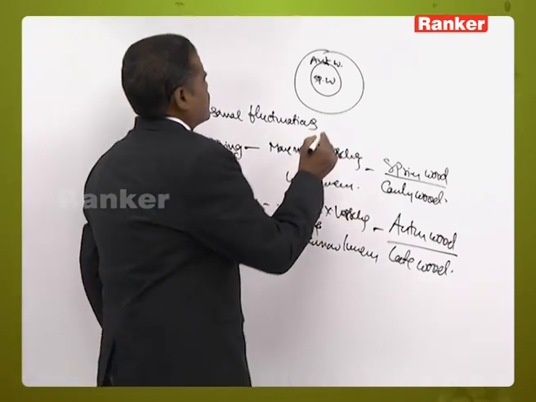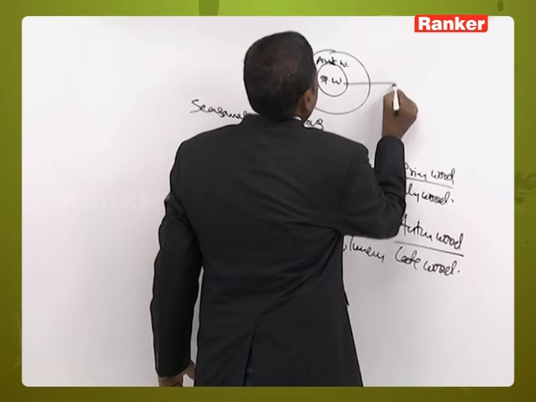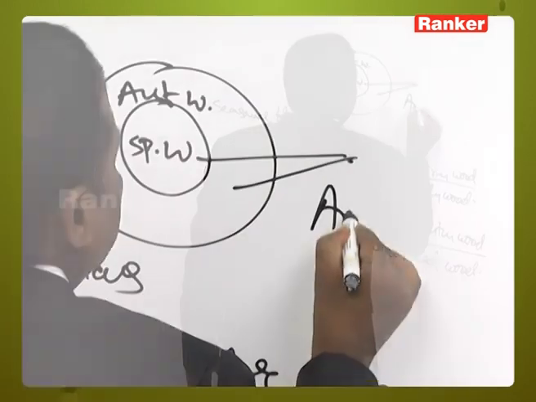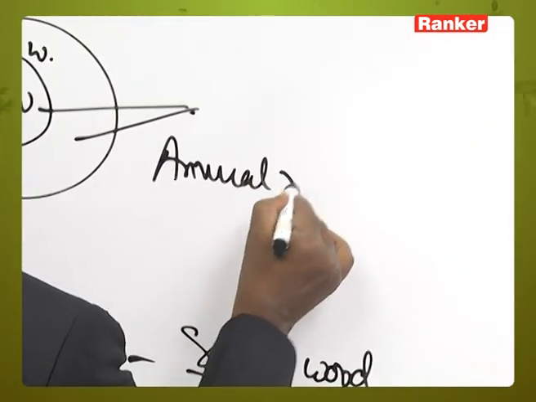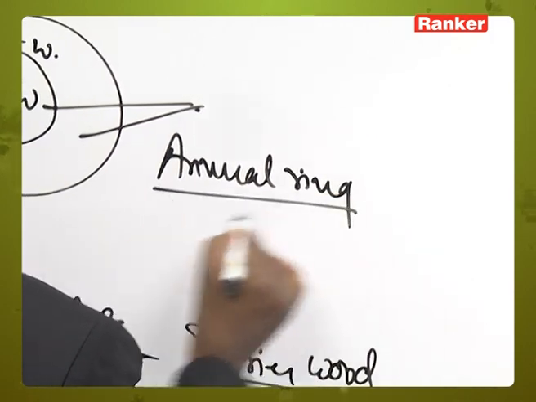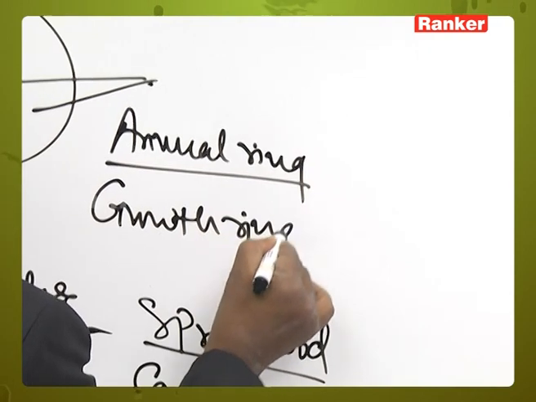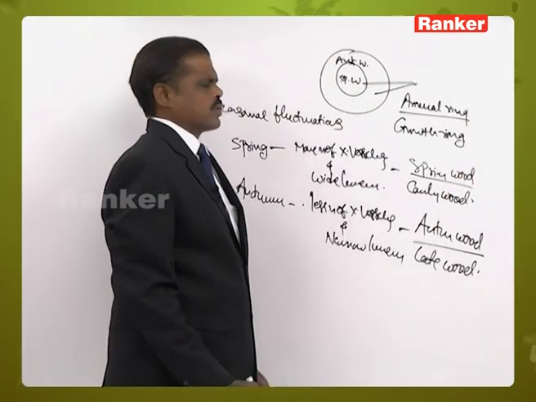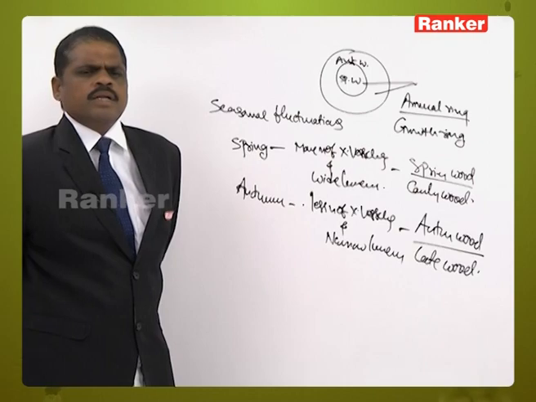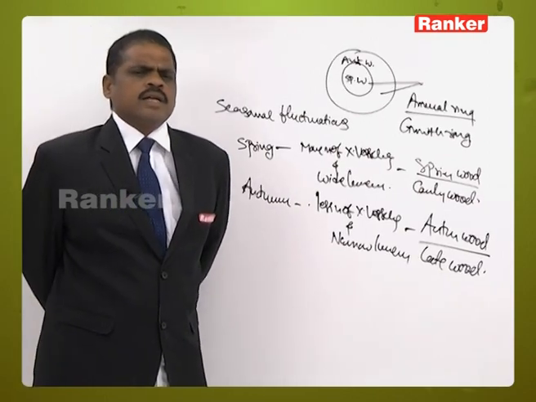These two concentric rings formed in 1 year together are called as annual ring, also called as growth ring. Annual ring means it is not a single ring.